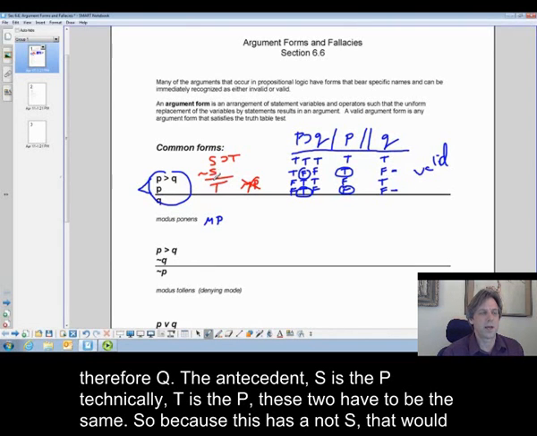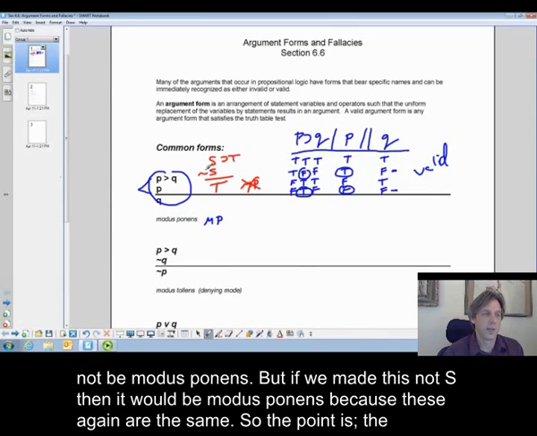So because this has a not S, that would not be modus ponens. But if we made this not S, then it would be modus ponens because these again are the same.